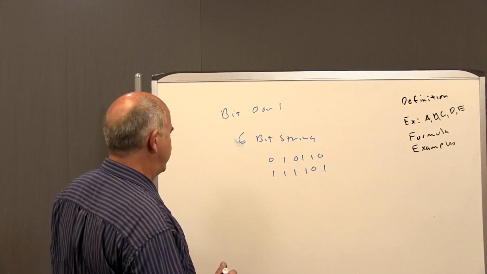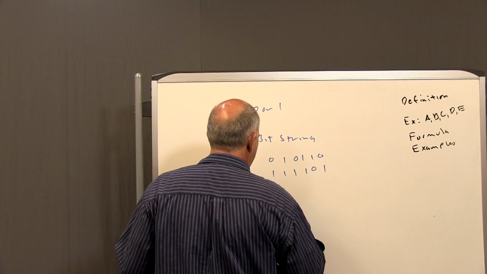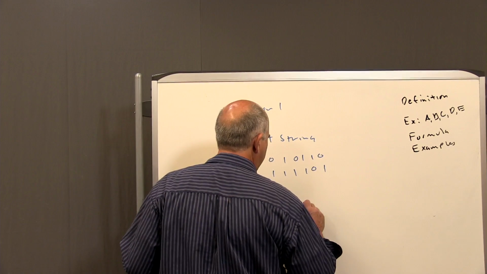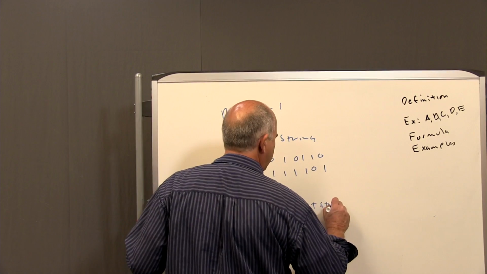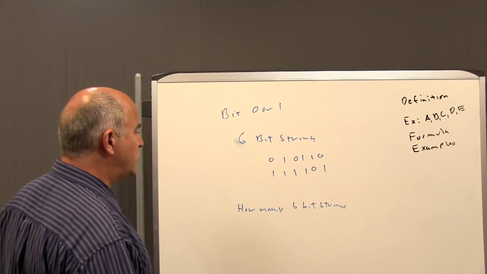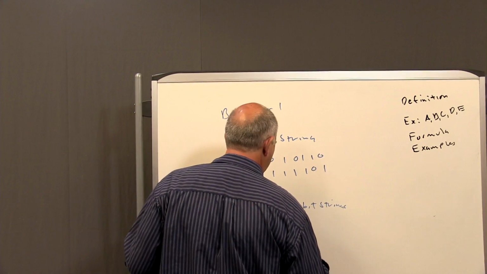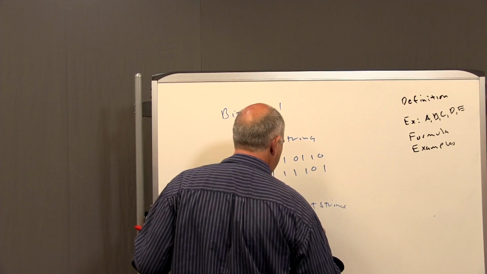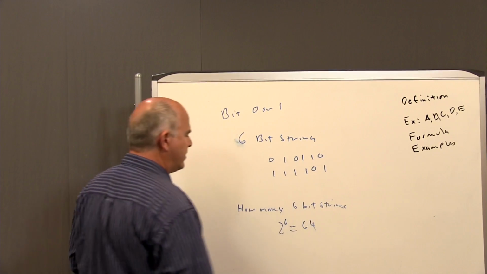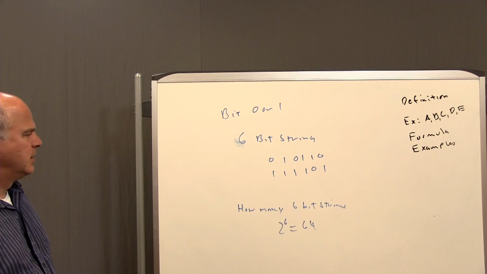This is a 6-bit string. And so, first of all, how many 6-bit strings are there? Well, there are 2 options for each space, so this is going to be 2 to the 6th power, which is 64. There are 64 different 6-bit strings.